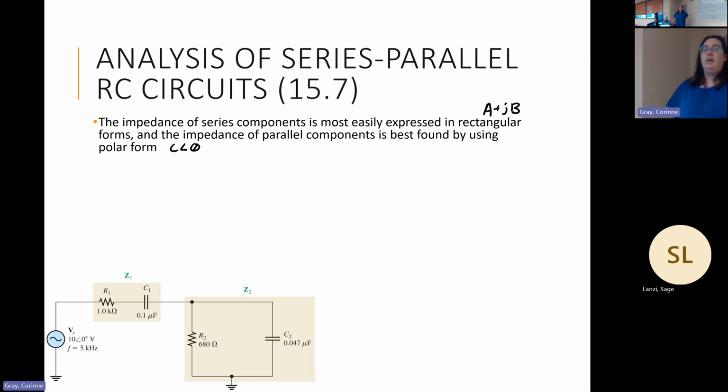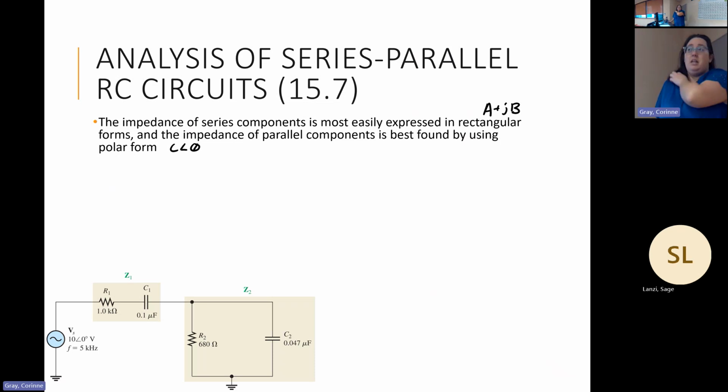So when we look at our circuits, again, this is what I alluded to earlier. I want to look at the two different parts separately. Here we have a circuit where we have a resistor and capacitor in series and a second set, but those are going to be in parallel.